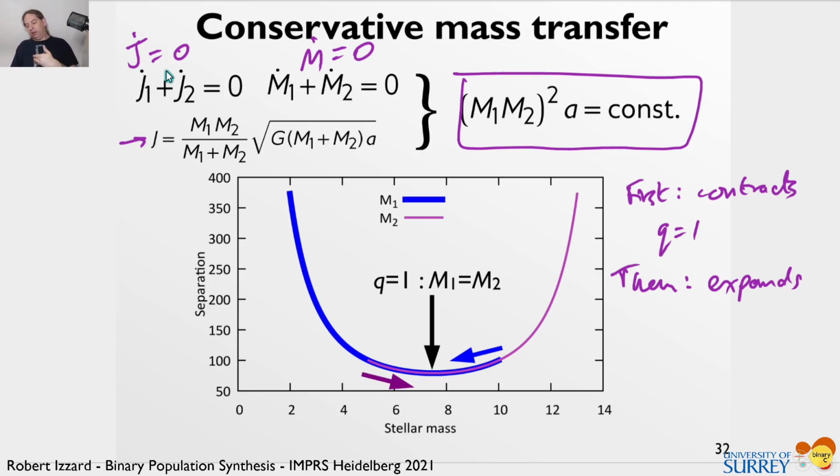And the trick is, if you want to look at binaries that survive this phase, you don't want them to merge during the contraction phase, because if the stars get too close, of course, they will impact each other. This is not good. You also don't want them to get too close because of tidal interactions, things like the Darwin instability.